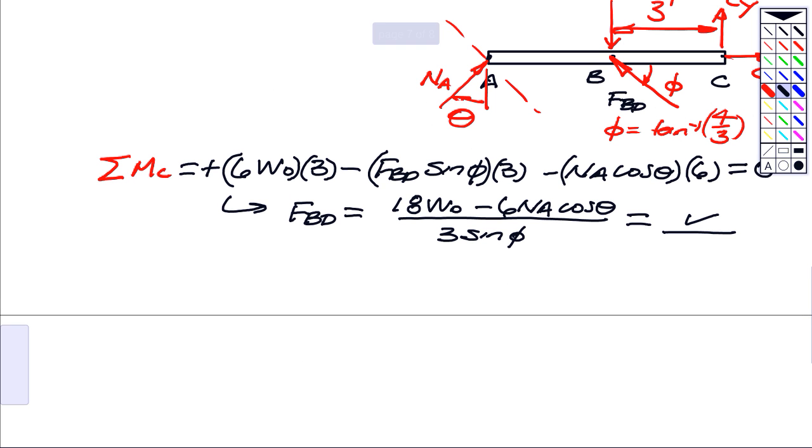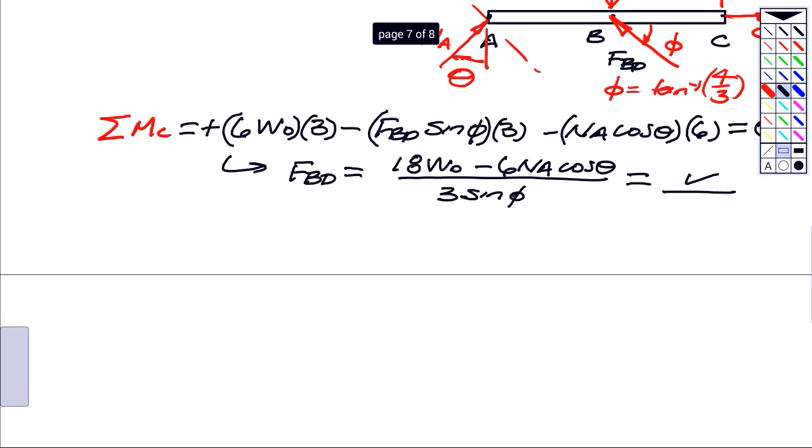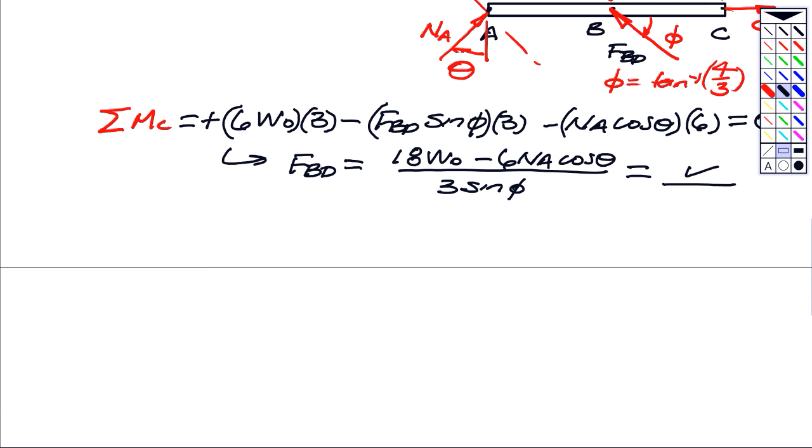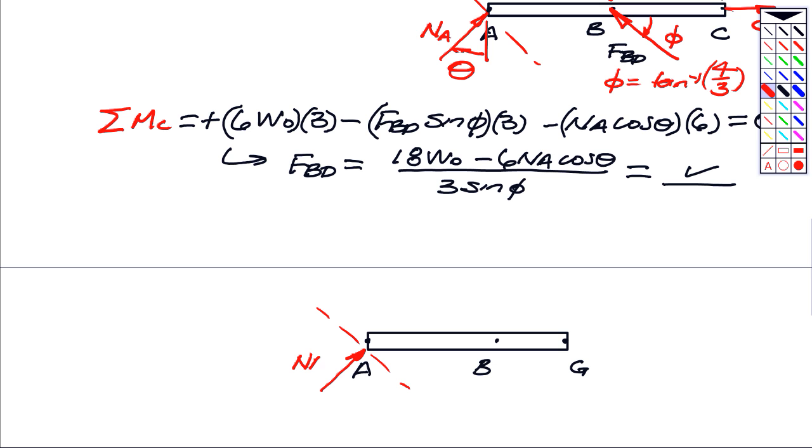Now, our eventual goal, which we are working on right now, is to find the internal force couple there at G. So my third FBD is to draw a free body diagram of the section which remains when I cut AC there at G. The forces, well, we still have the normal force that's acting at A. We call that NA, and that was at an angle of theta.